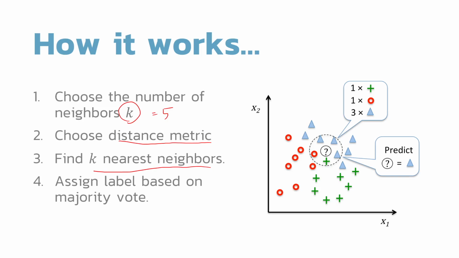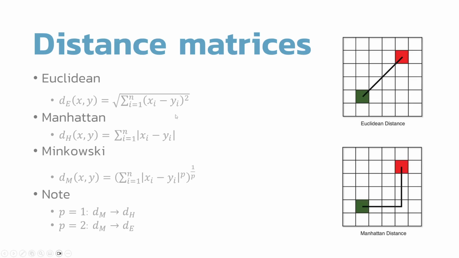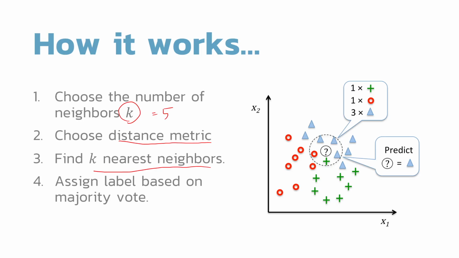Essentially, this is just proximity, assuming that you're supposed to be the same class as your neighbors. That's the essence. The way it works is pretty simple, but it works pretty well in a lot of cases.